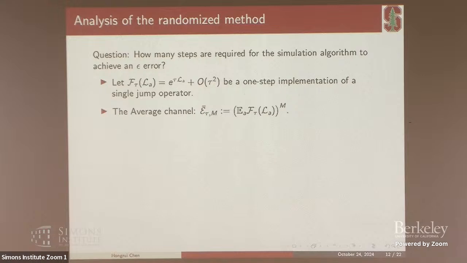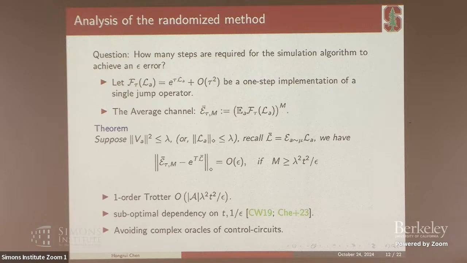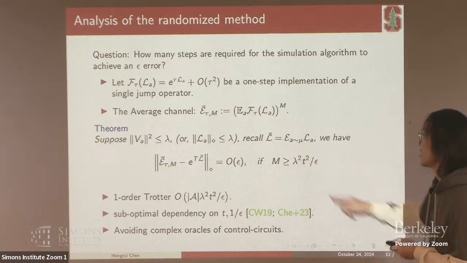What we want to do is to measure the difference between the average channel and the exact evolution. So our theorem is that, suppose the norm of the operator is bounded by lambda, and we want to simulate the Lindbladian L-bar. Sorry, this should be expectation.